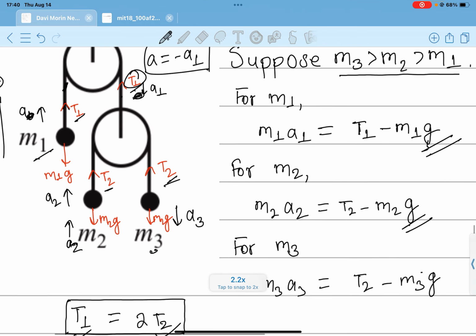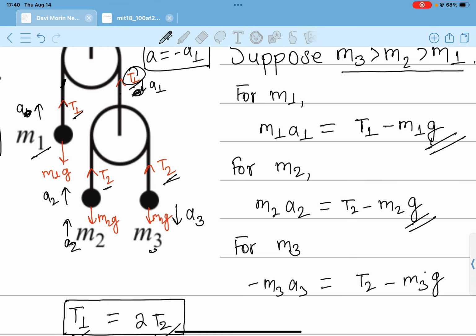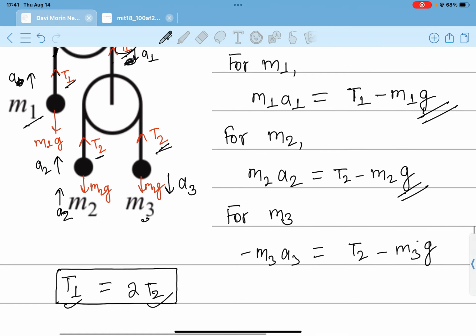Since T1 tension is produced by none other than the T2 forces, the tensions of the below string, we have T1 equals 2 times T2 relation, as I have written down here.